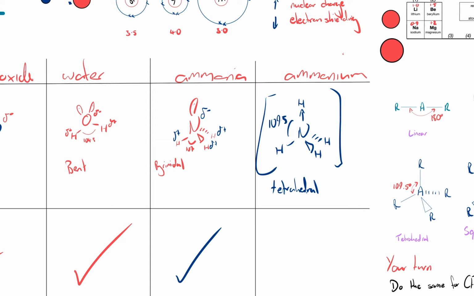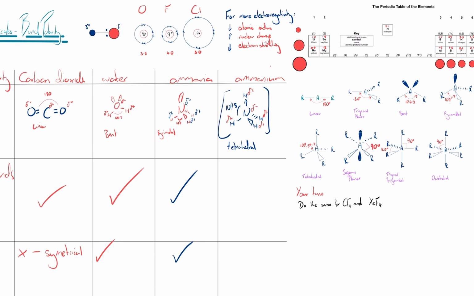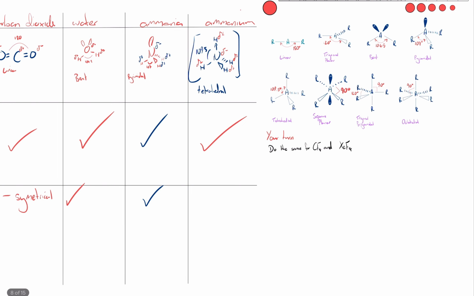And again, nitrogen, delta negative, the hydrogens are delta positive. So absolutely we have polar bonds. Do we have a polar molecule? No, we've got lines of symmetry again. So because of that, absolutely not.